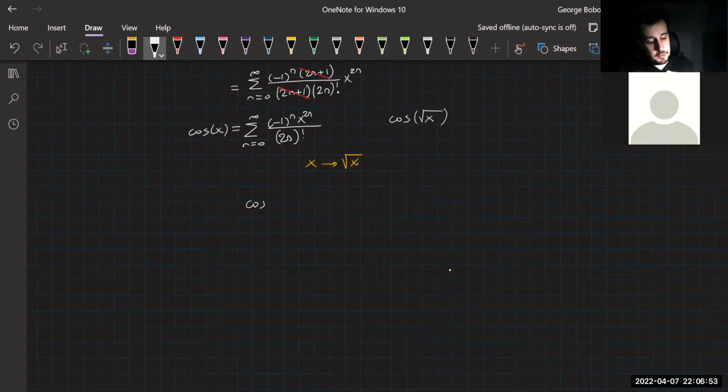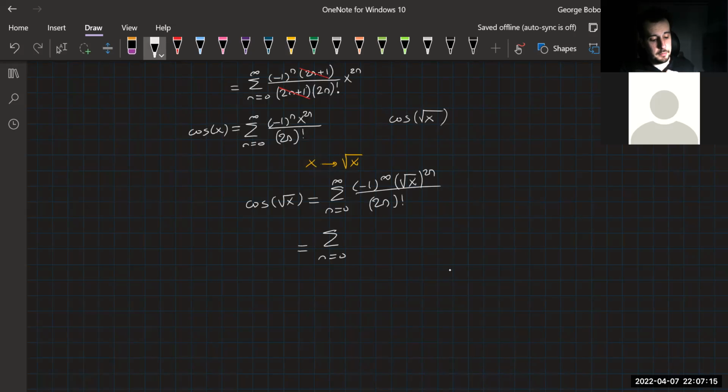If I want to write cosine of root x, it's the same power series, but with the substitution that x is root x, or again here, root x to the power of 2n over 2n factorial. And when you go on the next step, you simplify this a little bit.